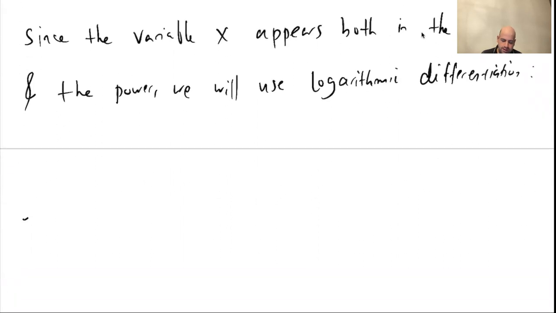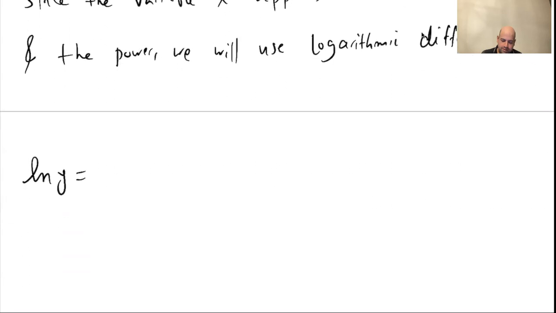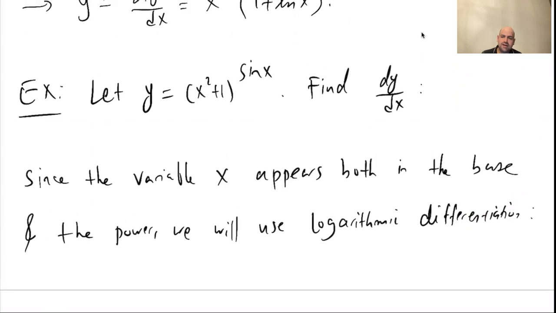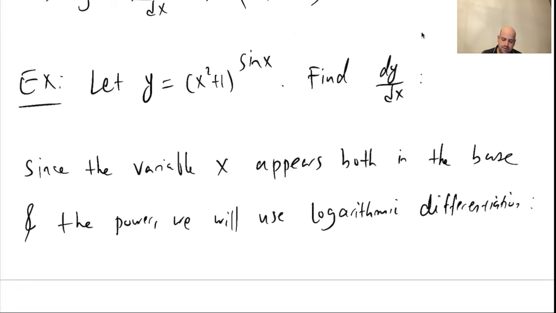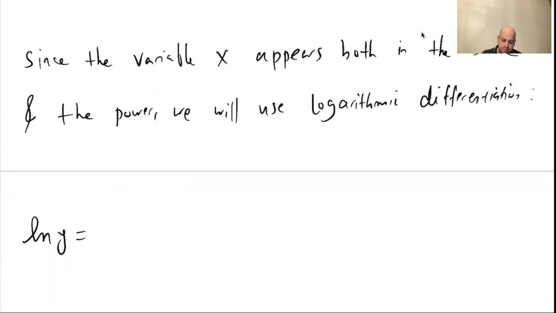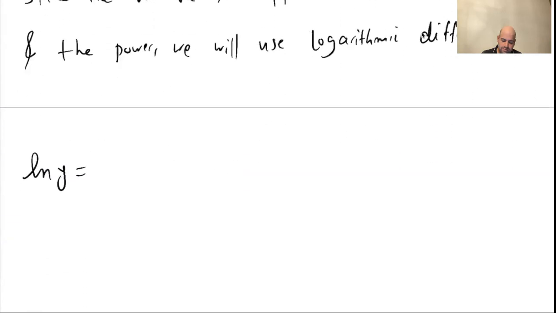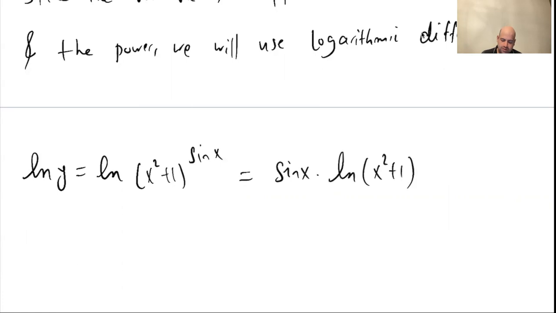So then we get ln y equals ln. So logarithmic differentiation means we have to take ln from both sides and then use logarithm properties. So ln y equals ln x squared plus 1 to power sine x, and then power sine x can be taken out. Sine x times ln x squared plus 1. Now we can differentiate both sides.